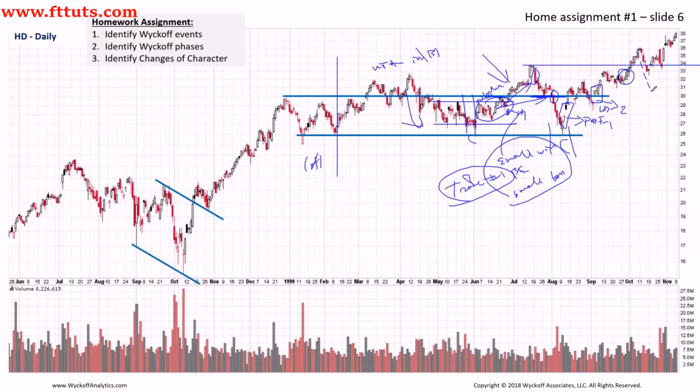Because we don't know if the next reaction is going to be such that it would take us out and hit our stop loss. So we would just patiently wait until the backing up action after the sign of strength forms, and we would enter somewhere here. So this would be our third point of entry. So we would be entering here, here, and then here. And prior to that, we entered here, and we exited here and here.